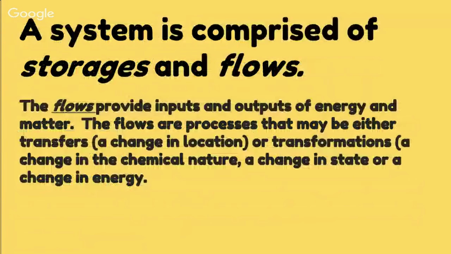Now, a system is comprised of storages and flows. So the flows are going to provide the inputs and the outputs of energy, which all systems have, energy and matter. And the flows are the processes that may be either transfers of something or transformations. So, for example, a change in the chemical nature or a change in the state of energy.